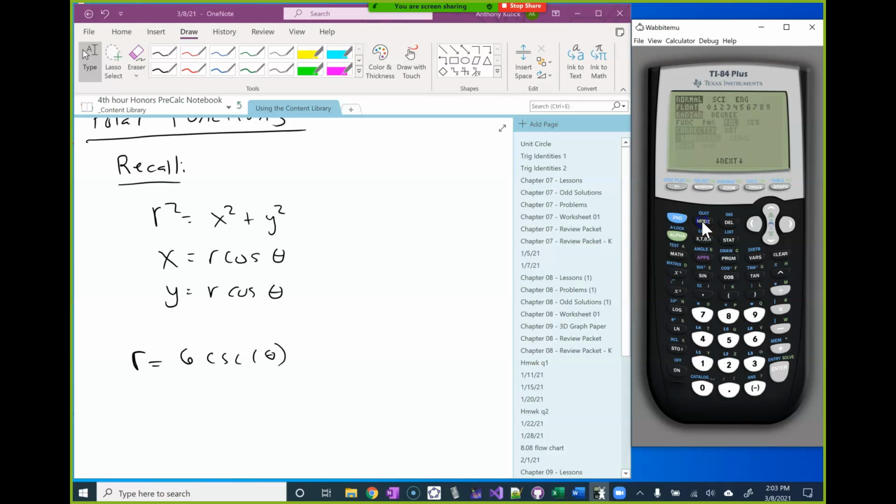So I'll go to my y equals menu. Here everything starts r equals, and I'll do 6 divided by sine theta. Remember that cosecant is 1 over sine, so that's why 6 cosecant theta turns into 6 over sine theta, right?